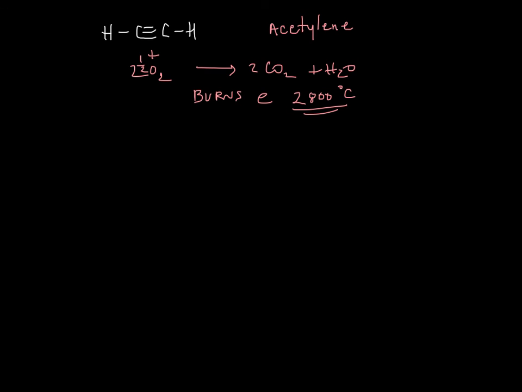Which is very hot, which is why it can be used in welding metal. But that is one where you need to know the common name, and acetylene is a very, very common molecule. It's one of the most common organic molecules regardless of functional groups.